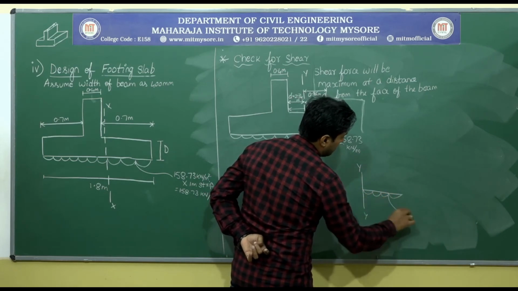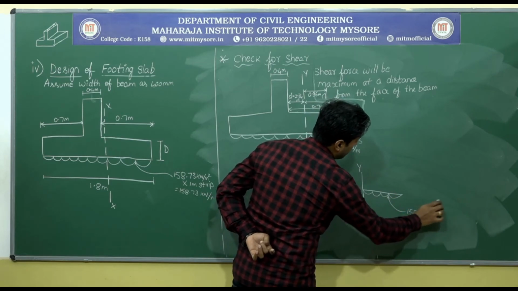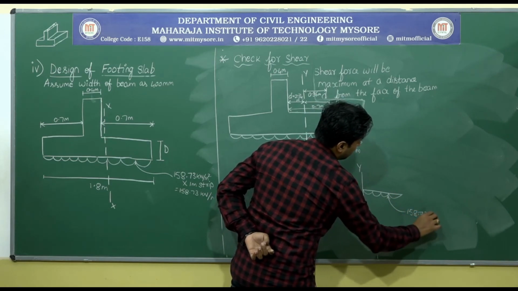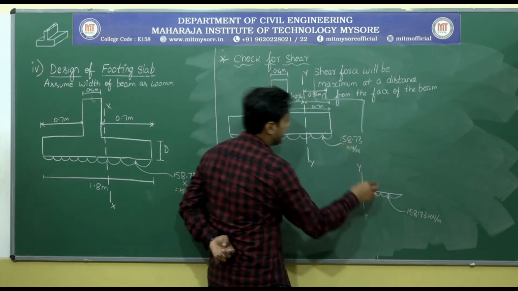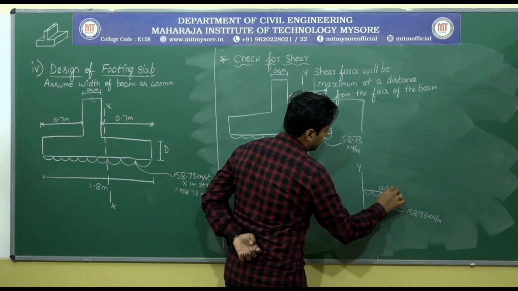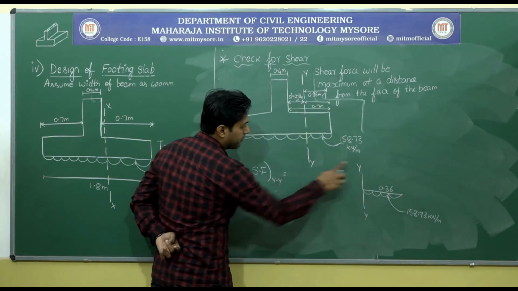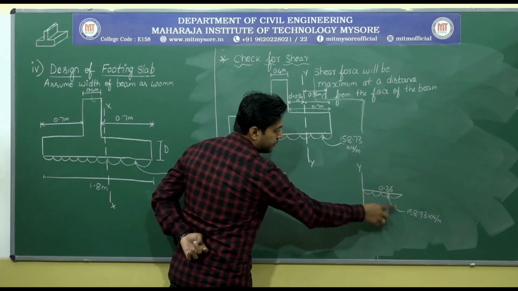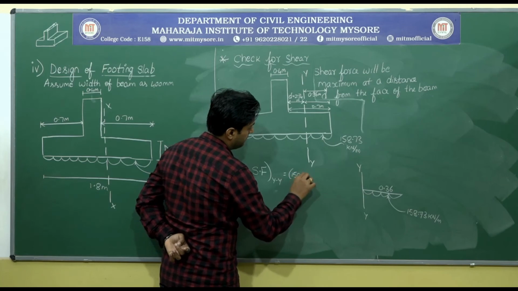So there is a UDL, 158.73 kilonewton per meter. This distance, it's 0.36. So I want the shear force about YY axis. So about YY axis means, observe here, force into perpendicular distance. This is a UDL. I need to convert that into point load.